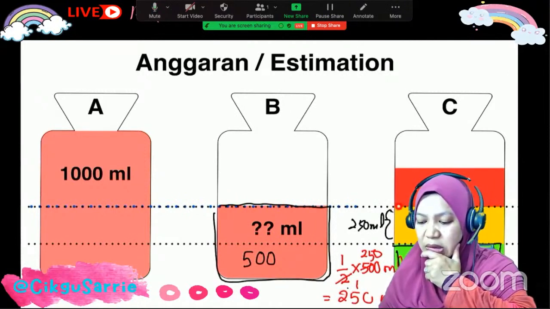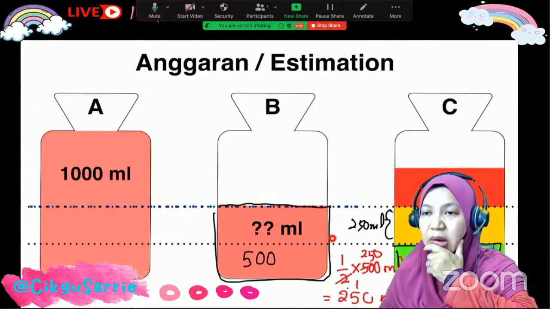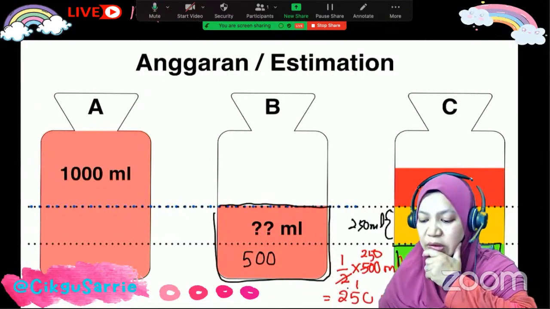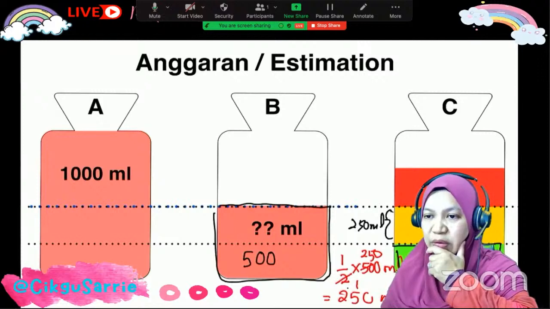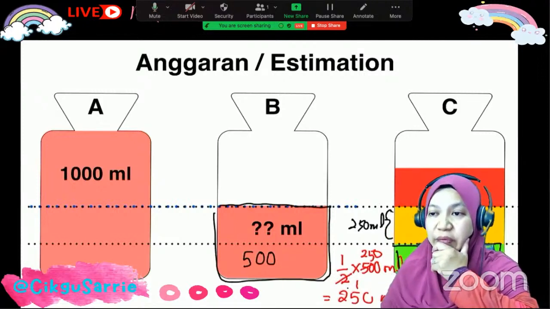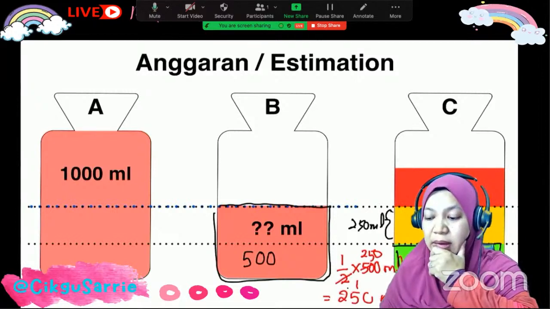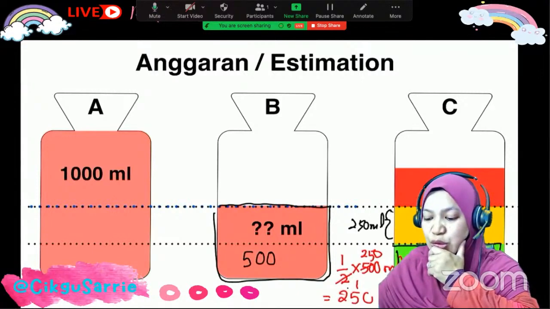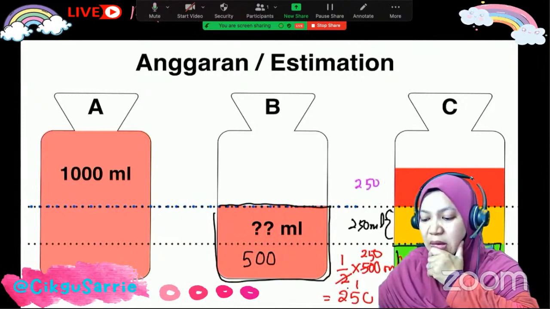This one is equal, from here and here the volume is equal. So if here is 250, then here also another 250 ml. And another add-on here equal to 250 also. This one also 250 ml.